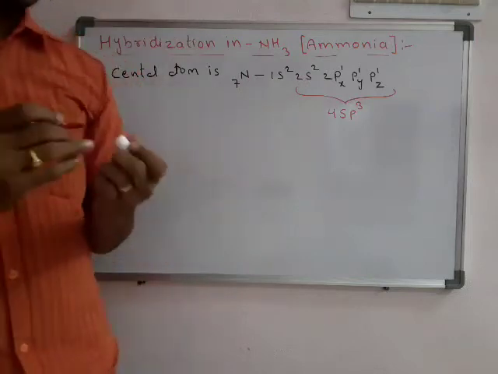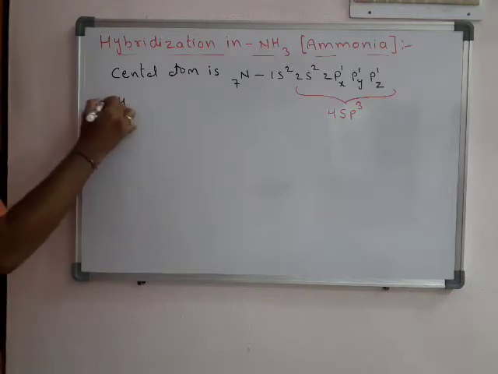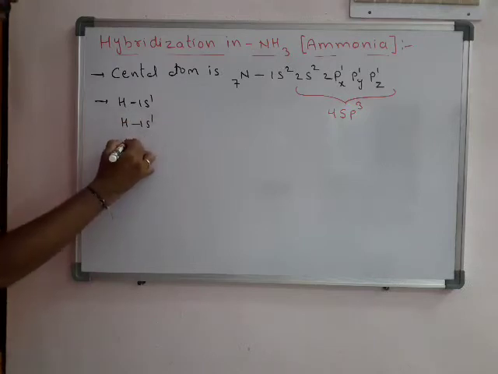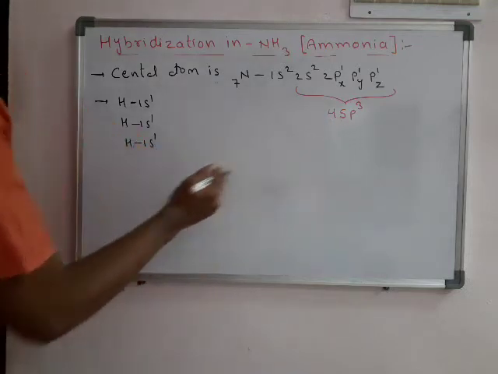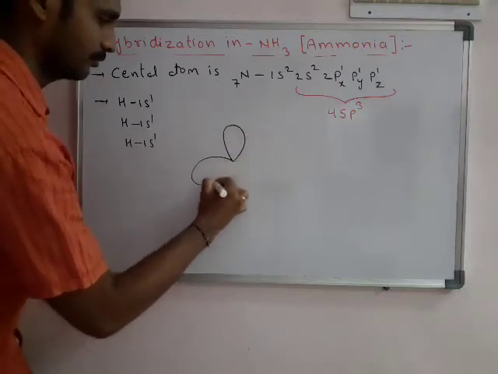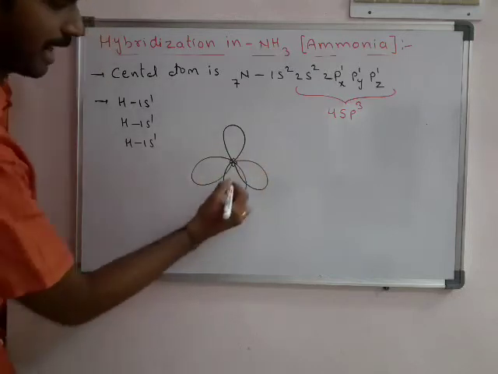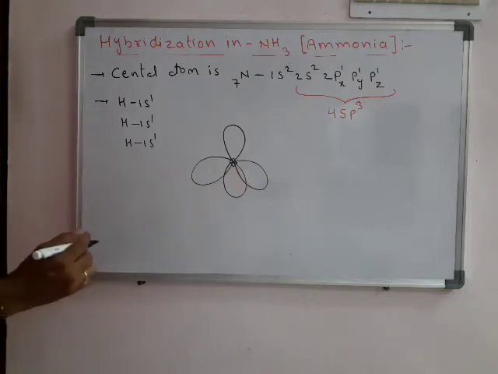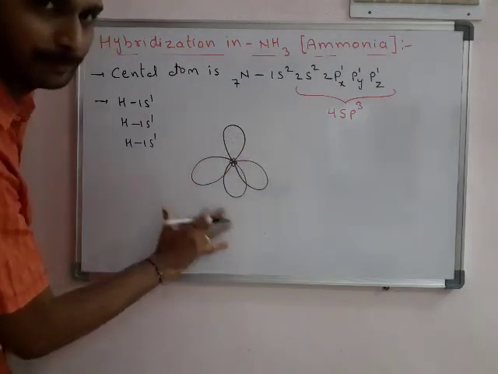Now what is the position of hydrogens? Hydrogen is 1s1, and there are 3 hydrogens. Now the sp3 hybrid orbitals of nitrogen. Next we'll draw the small lobes. These are the 4 sp3 hybrid orbitals arranged in tetrahedral shape.